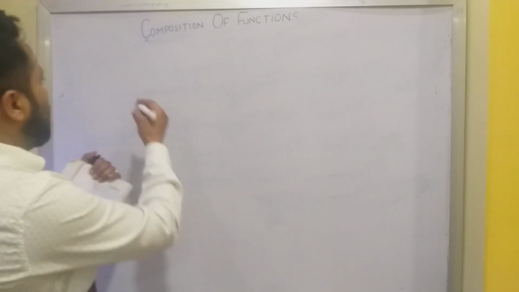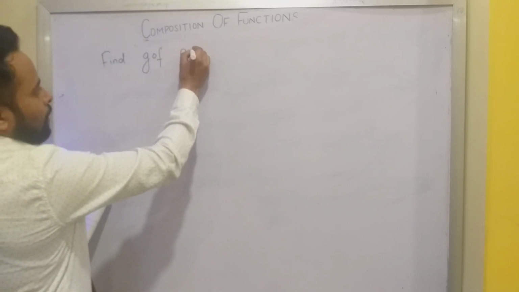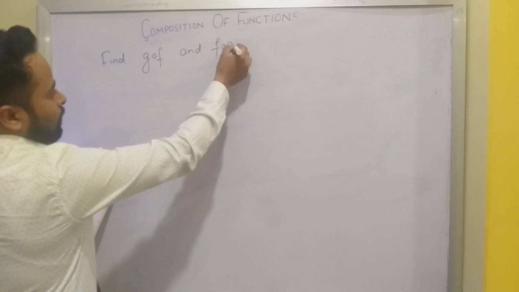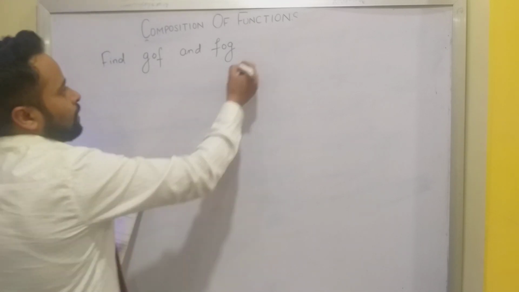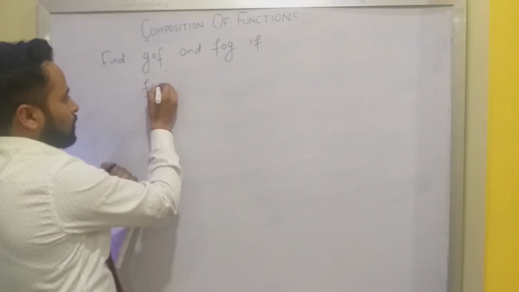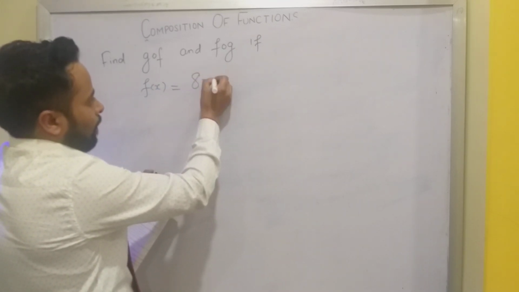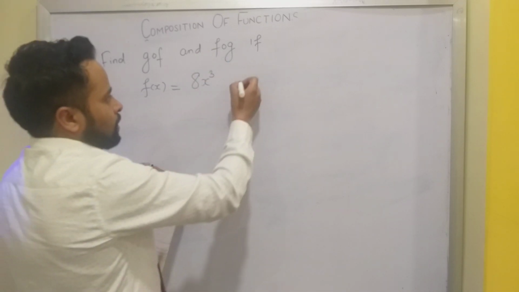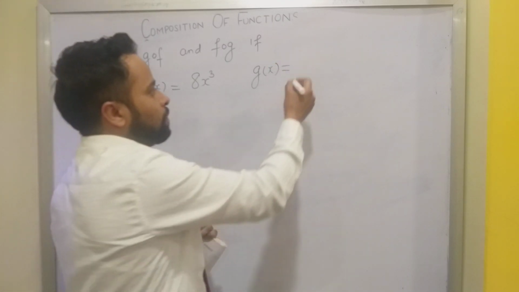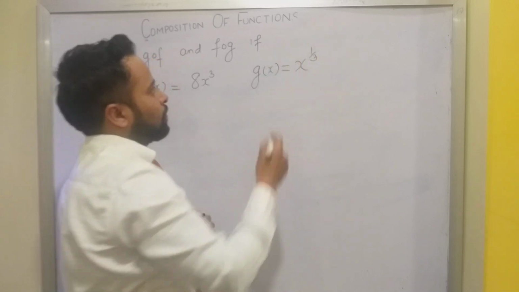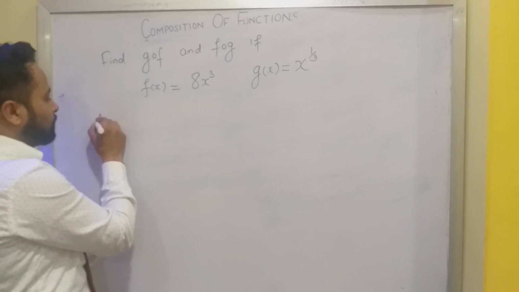The question is: find GOF and FOG, if f of x is 8x cube and g of x is x to the power 1 by 3. Very simple. Let's try this answer.